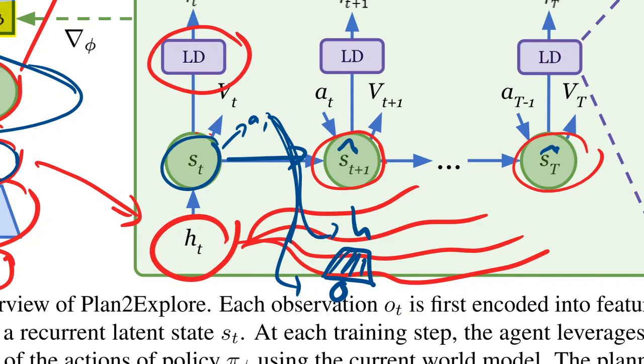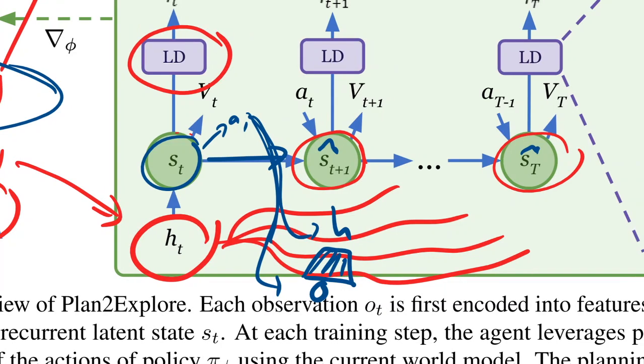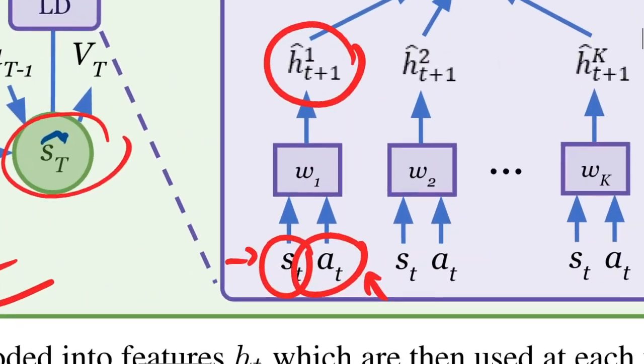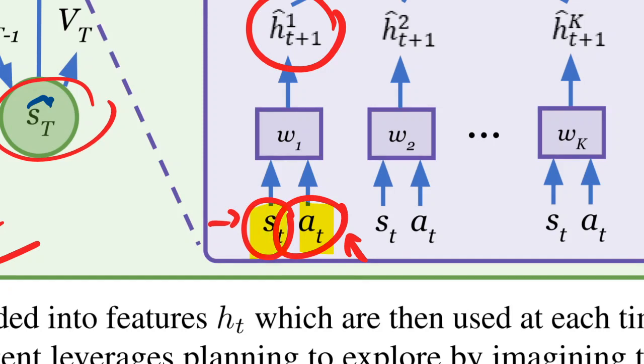And this small model would try to predict what are the features of the next state if I were to execute this action in this state. Okay? So it's kind of a future predictor, but also not in observation space, but in latent space. So it tries to predict the latent features of the next observation.